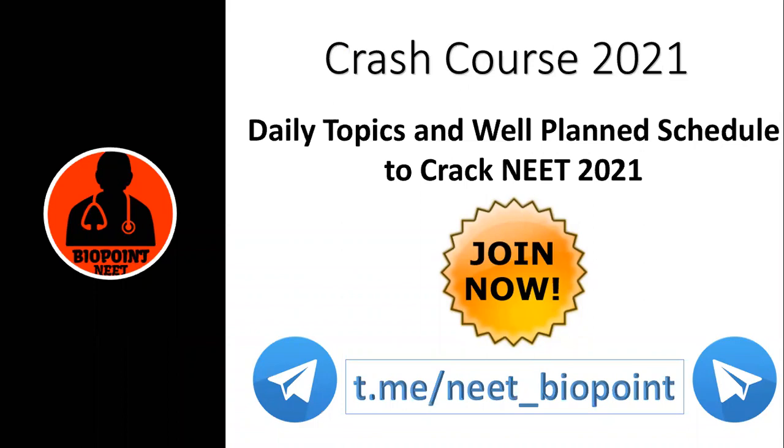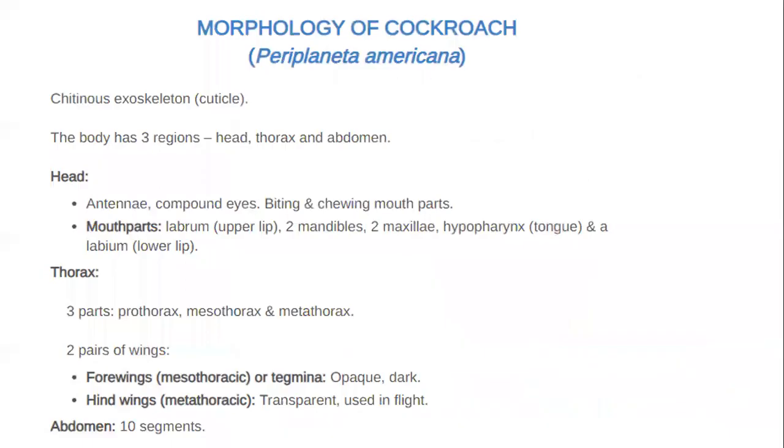Moving on to the next slide. Let's continue with the class for the crash course 2021. We have the morphology of cockroach, whose scientific name is Periplaneta americana, and they have a chitinous exoskeleton or a cuticle, and their body has three main regions, that is head, thorax, and abdomen.